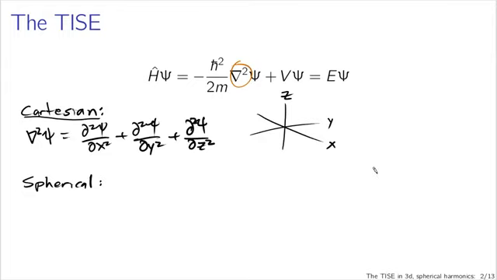If we're working in spherical coordinates, our coordinate system looks something like this. Just to draw a Cartesian coordinate system for reference, we're working with some point that is a distance r from the origin.